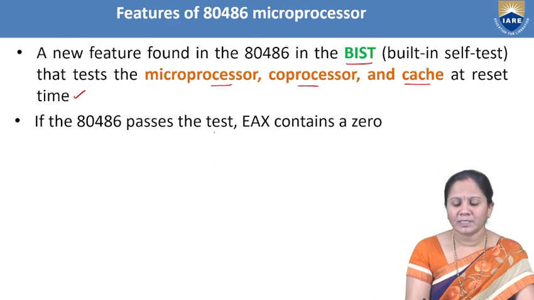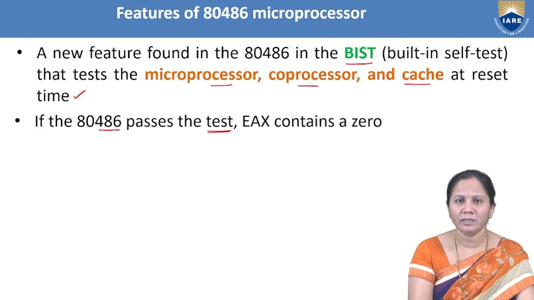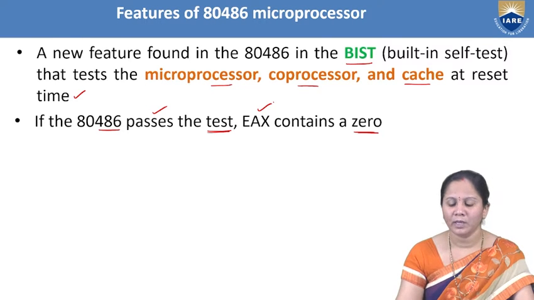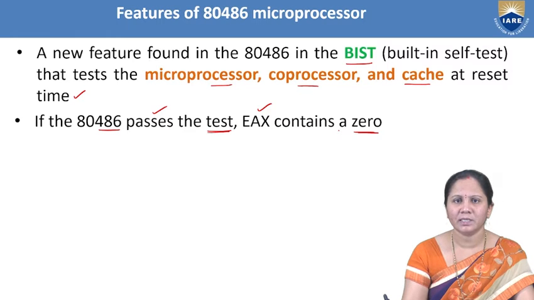For example, during testing, if this 80486 microprocessor passes the test, then it is going to insert the value 0 in the EAX register. Here EAX means E stands for extended and AX is the accumulator. It is a 32-bit register. When the 80486 passes the test, this 32-bit EAX register will be filled with zeros.